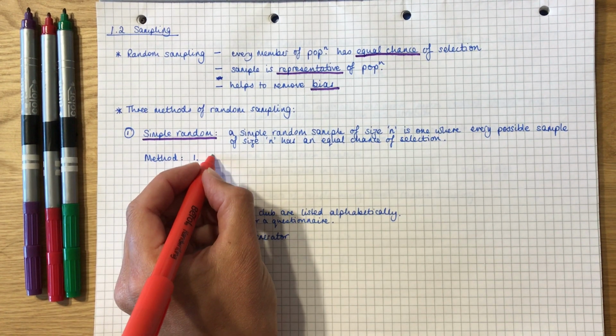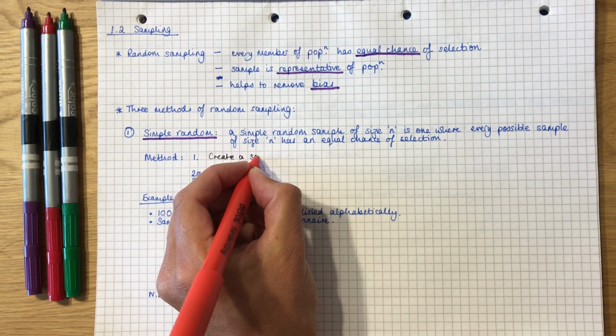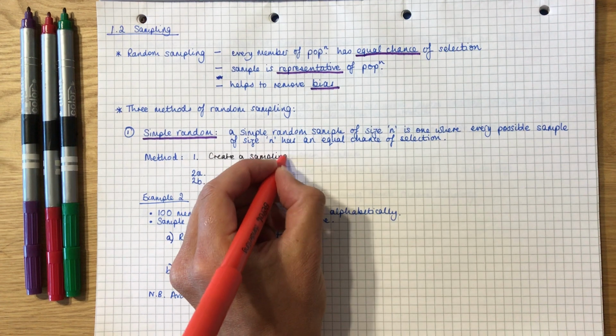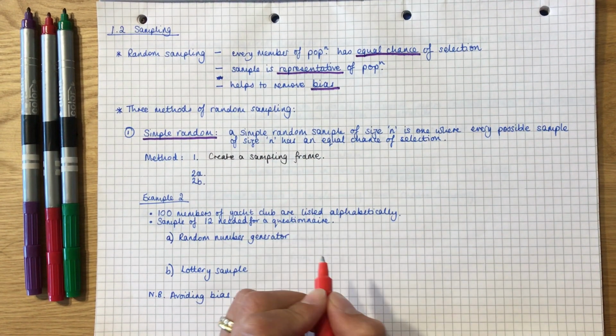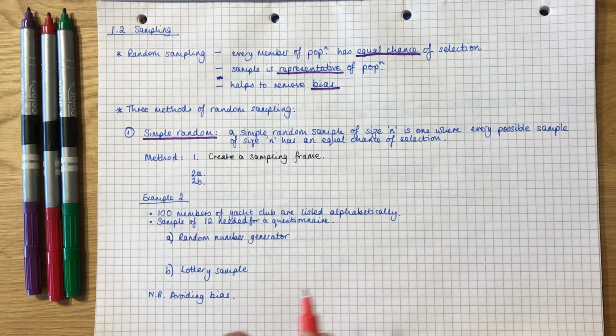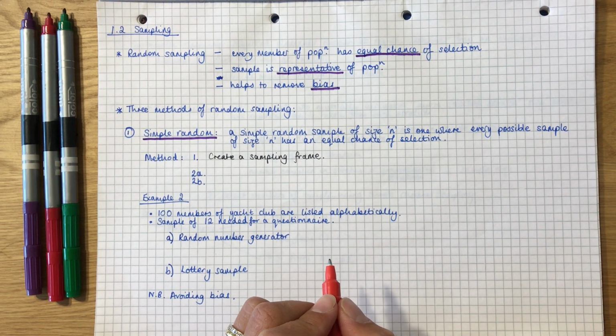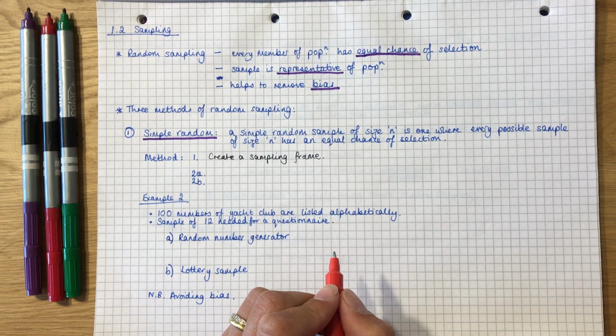So you need to, first of all, create a sampling frame. Remember, that's just your numbered list of everybody in your population that you wish to take the sample from. Secondly, you need to select numbers at random. So let's say you have 10 people in your list. You need to select 5 numbers from 1 to 10 at random.